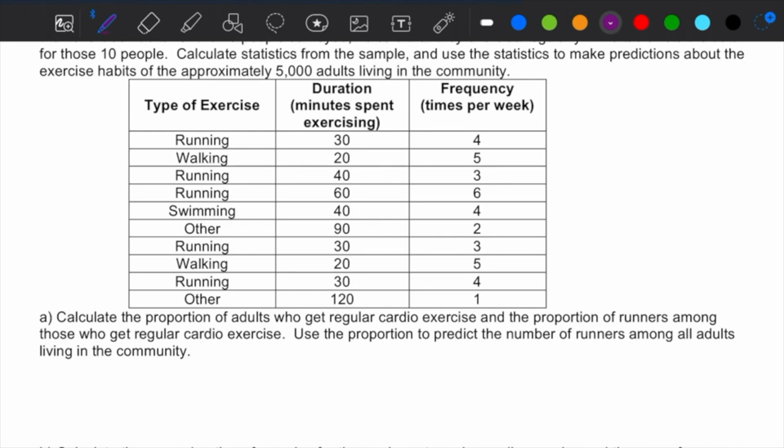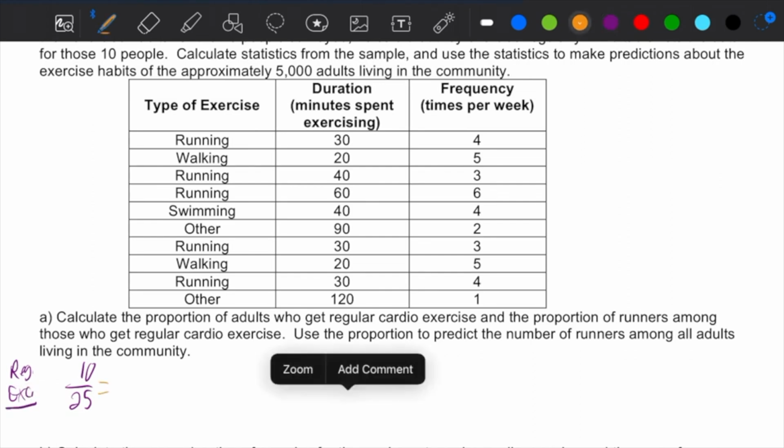So, the proportion of adults who get regular cardio exercise. It said 10 people out of those 25 were the ones who said they get regular exercise. So 10 out of 25 is 0.4, aka 40% of people, 2 out of every 5 people. Now out of those, how many would prefer running?